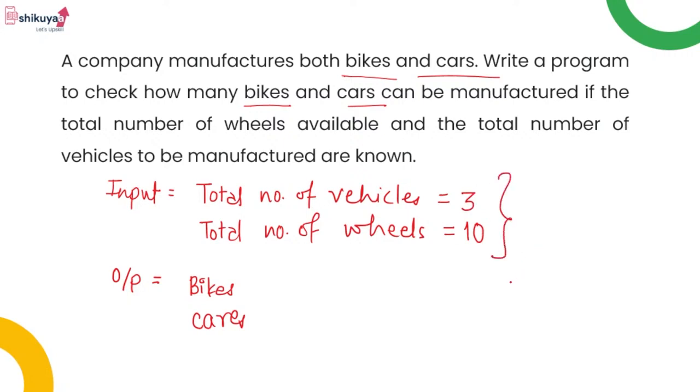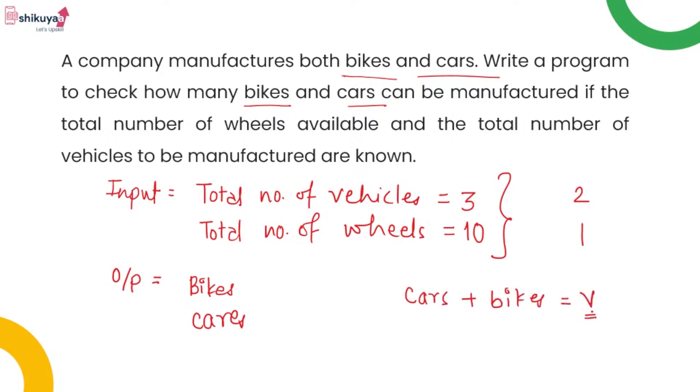How many wheels are required for a two-wheeler? A two-wheeler requires 2 wheels, and a four-wheeler requires 4 wheels. So if the number of vehicles is 3, what do we mean by number of vehicles? Number of vehicles means number of cars plus number of bikes. This is nothing but number of vehicles.